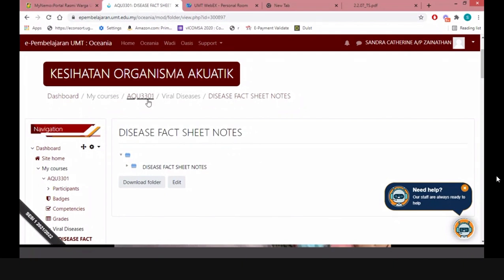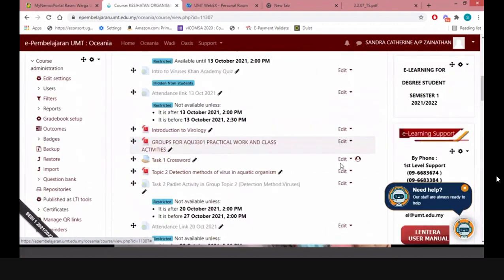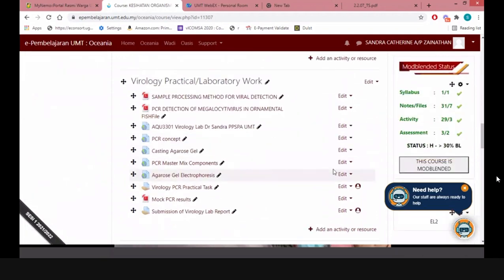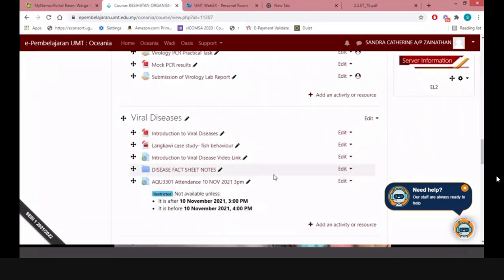So what you need to do is that you have to divide the notes. Ini my suggestion. You have to divide the notes among your group members, and you have to pecah-pecahkan lah. So ada banyak diseases that you need to read about. So you pecahkan, seorang ambil dua, seorang ambil tiga.